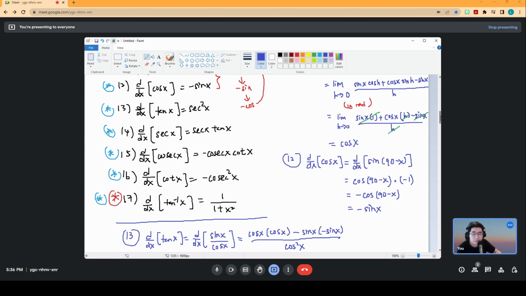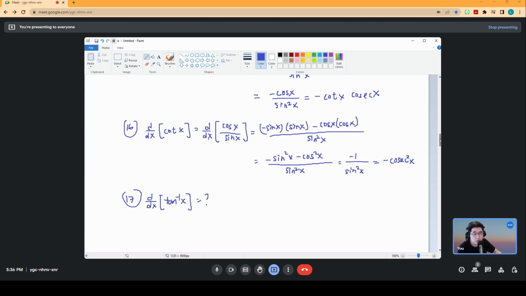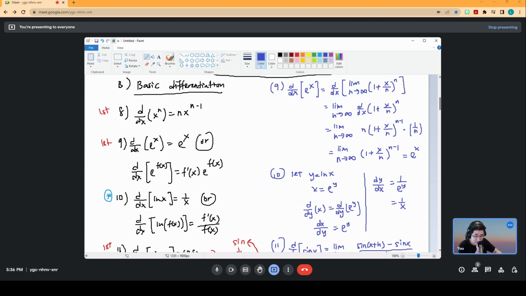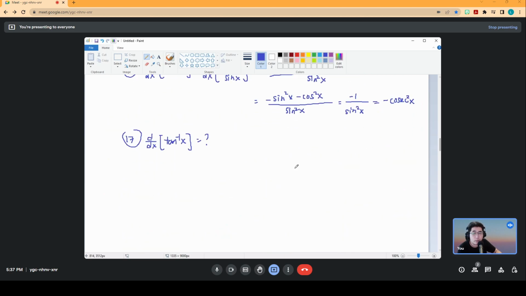Then after that, you have rule 17: d/dx of arctangent of x. You need to know how to do this. To prove this, you have a similar approach as number 10. We let y equal arctangent of x.